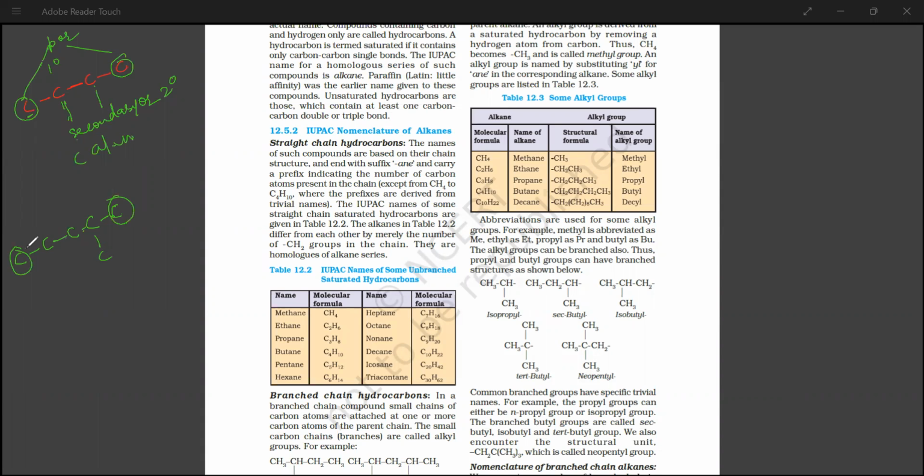This will also be primary. This and these two will be 2 degree secondary. And what about this carbon? This carbon is further attached with 3 carbon atoms, so it will be known as 3 degree. So 1 degree, 2 degree, and 3 degree carbon atoms. Now see one more example.